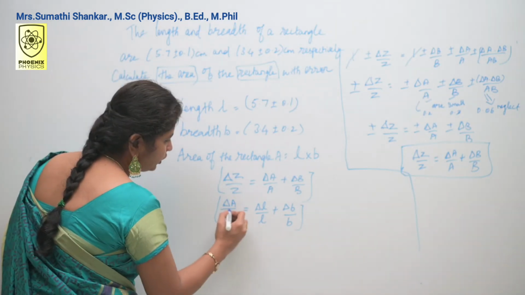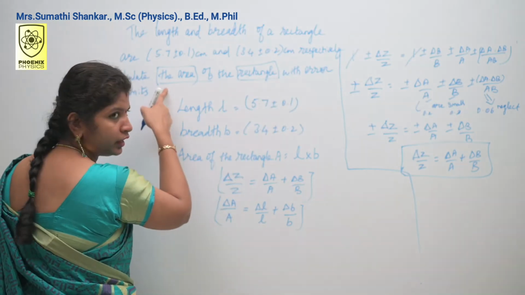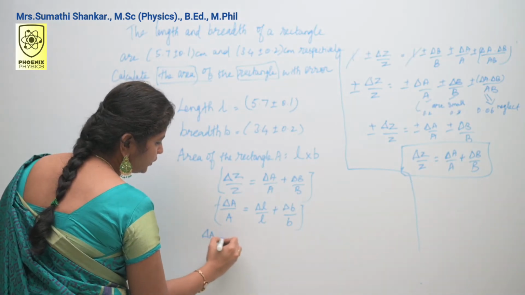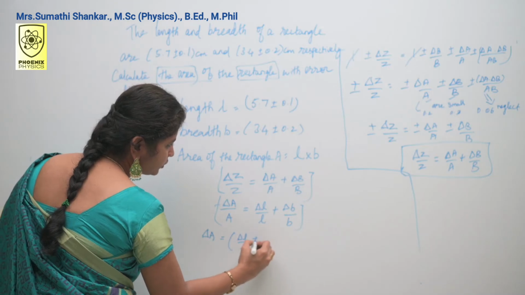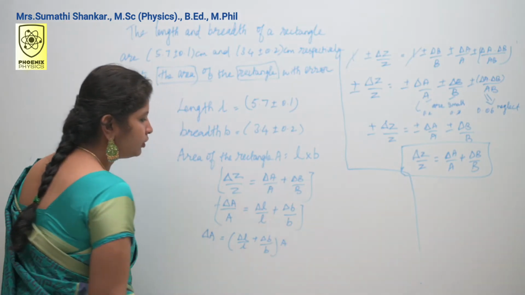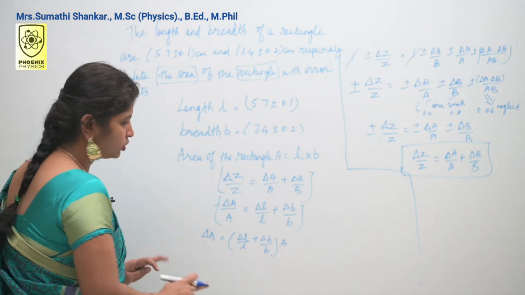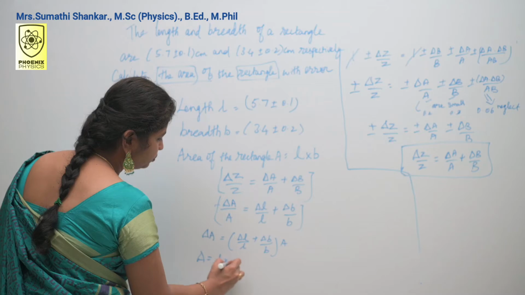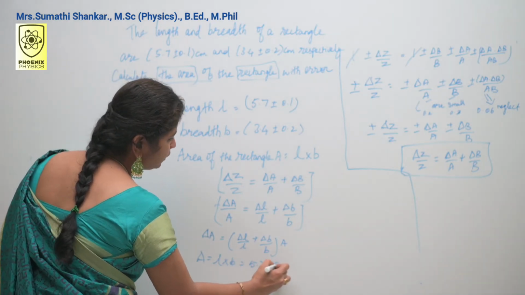Next one is I am going to find out the error limit, that is error in area. So I have to find out this delta A. Delta A is equal to delta L by L plus delta B by B, into A. This is the formula. Just we are going to substitute all the values. First we will find out area. Area is equal to L into B. What is our L? 5.7 into 3.4.